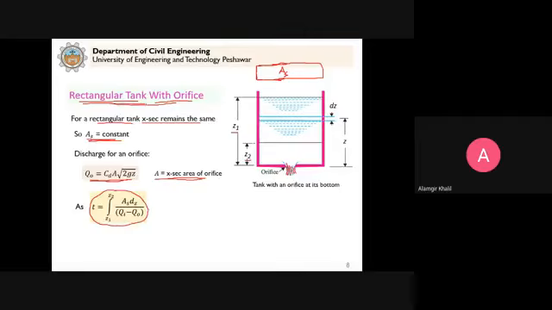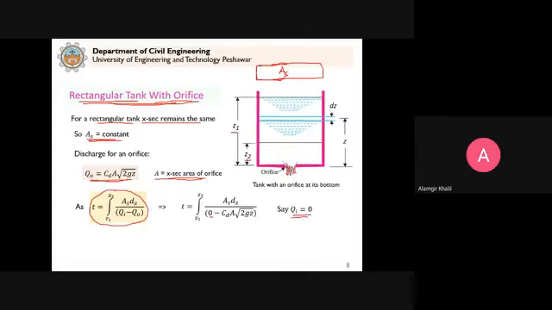For this specific case, we need to simplify this to get a specific formula that will be applicable for this case. So in this case, As times dz divided by dt is 0. Let us say that the inflow discharge is 0, as we already stated that inflow discharge will be either 0 or a constant value.